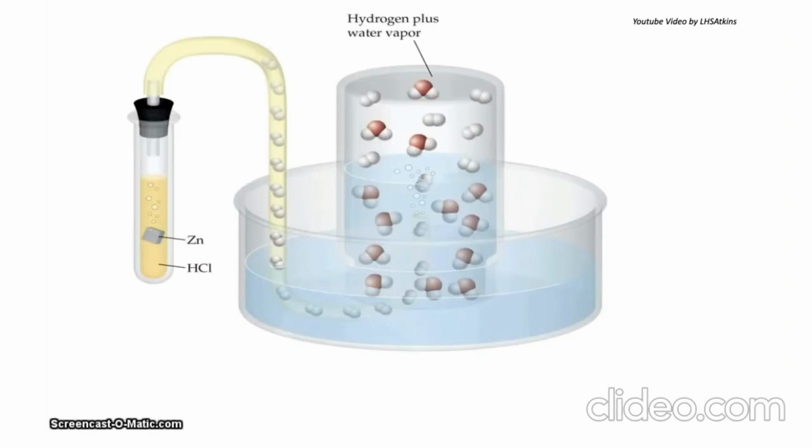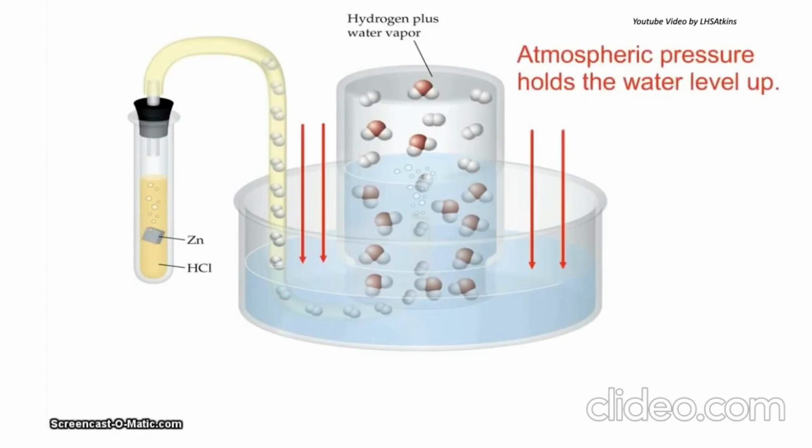Eventually this reaction will stop. We'll stop making hydrogen. Now we're full of whatever hydrogen we have in there, and we want to measure the pressure of that hydrogen. One simple thing we can do is look at the atmospheric pressure in the room, because it is pushing down on the water level out here, causing water to be pushed up into the tube where we're collecting.